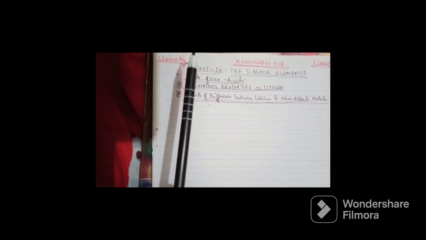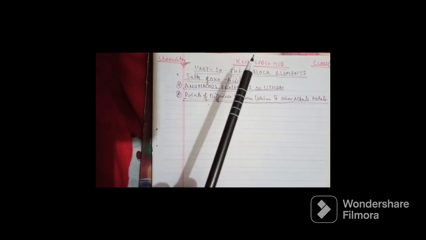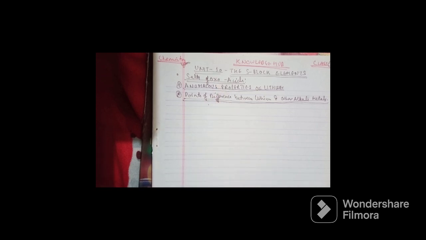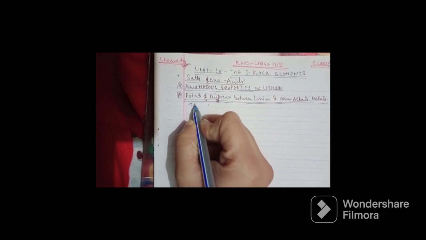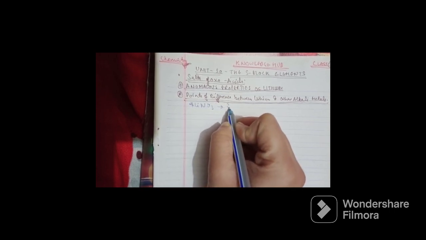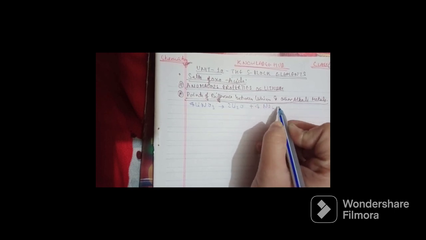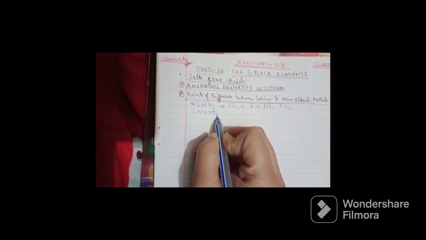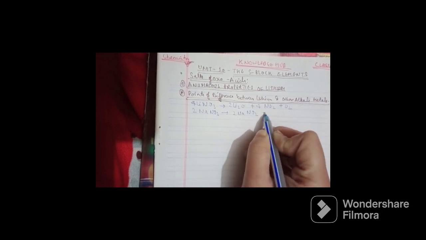Lithium nitrate, when heated, gives lithium oxide Li2O, whereas other alkali metal nitrates decompose to give the corresponding nitrites, which is as follows: 4LiNO3 gives 2Li2O plus 4NO2 plus O2, and 2NaNO3 gives 2NaNO2 plus O2.